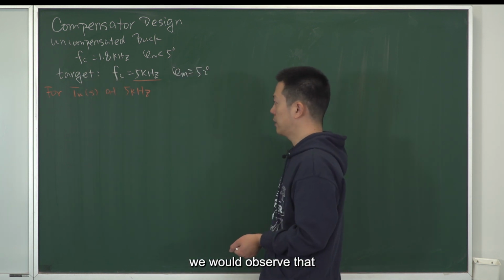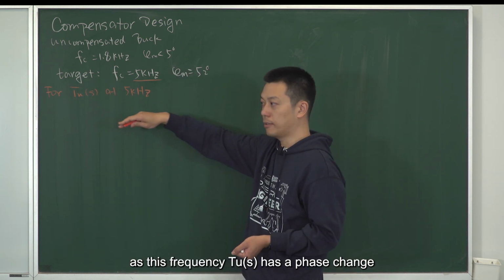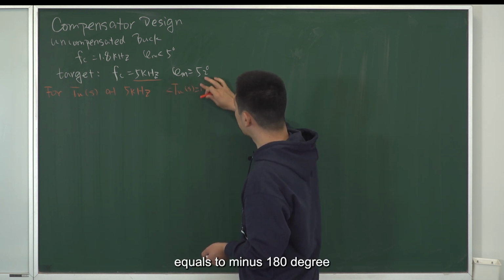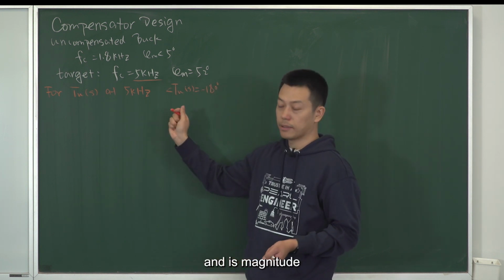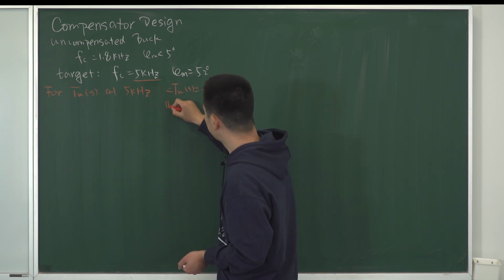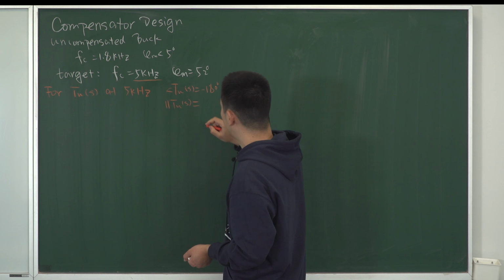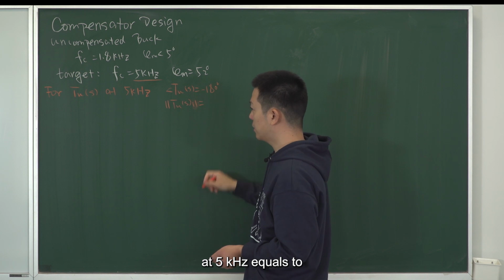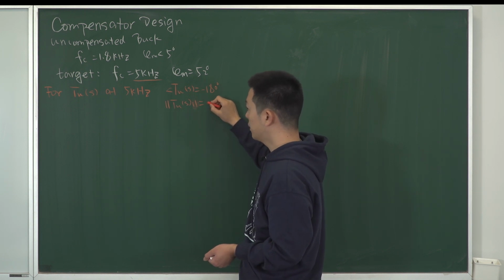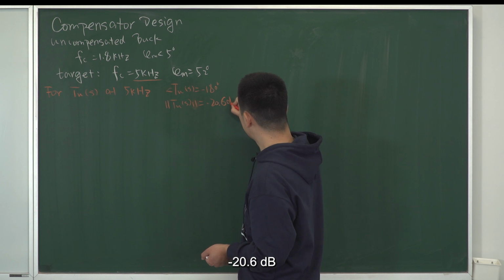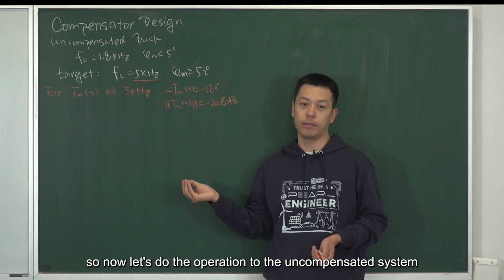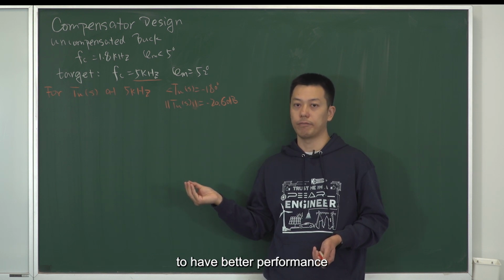We observe that at this frequency, TU has a phase equal to minus 180 degrees, and its magnitude at 5 kilohertz equals minus 20.6 dB. Okay, so now let's operate on the uncompensated system to get better performance.